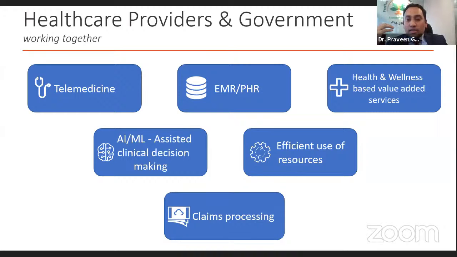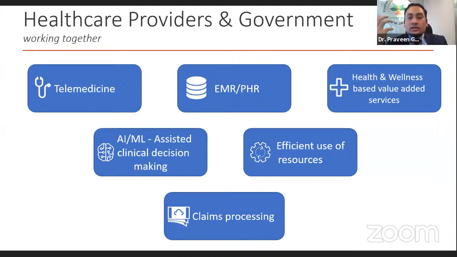We can also do various kinds of medical research, and a special policy will be laid out for that, so that privacy is maintained. Number one, commercial exploitation of data is not done, but at the same time, larger public interest is not hampered. And obviously, efficient use of resources: we will be able to make the best decisions on which district requires how much investment and how many doctors. So all these management and policy level decisions should be possible.